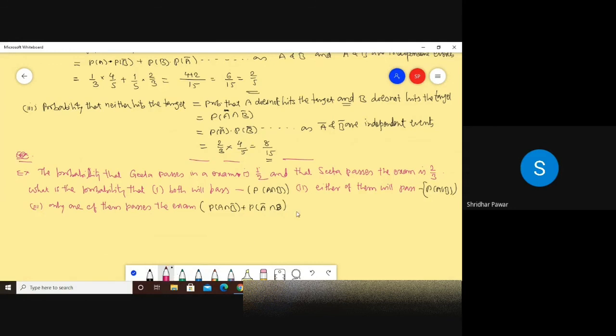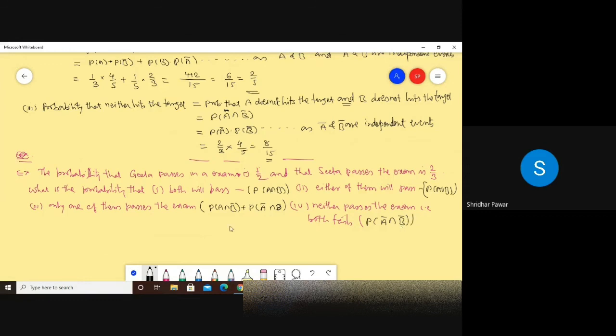And number 4, neither passes the exam. म्हणजेच काय? That is both fails. Both fails म्हणजे काय? Probability of A fails, A bar and B fails.